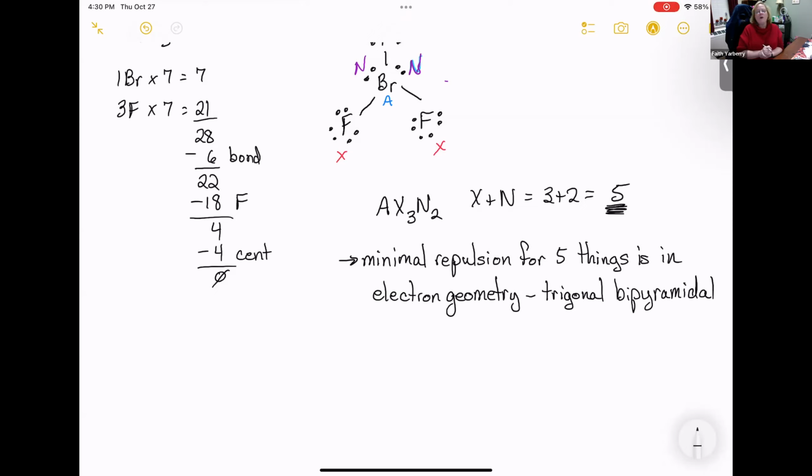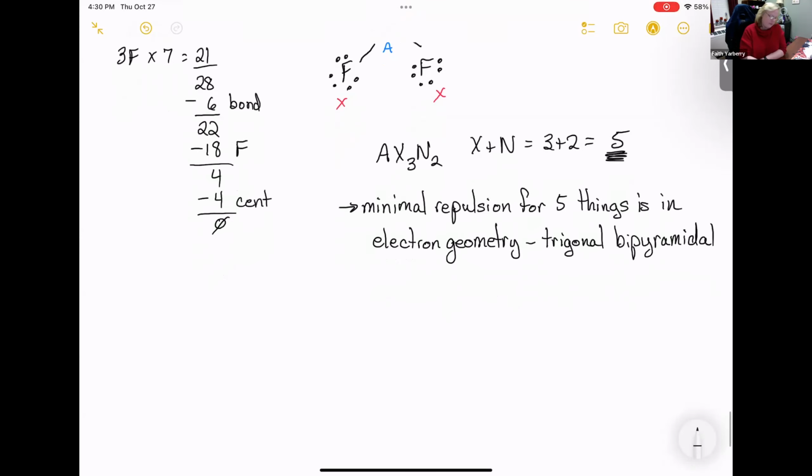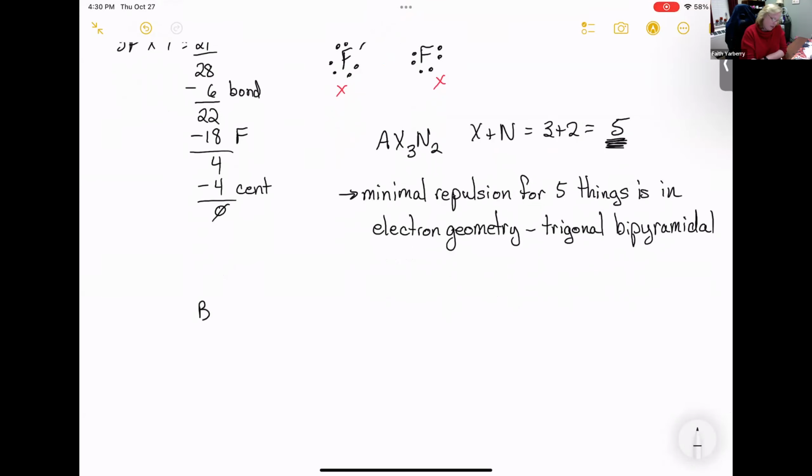Now, in drawing something that is trigonal bipyramidal, this is where you have to remember that the lone pairs must go equatorial. So your lone pairs have to go in an equatorial location.